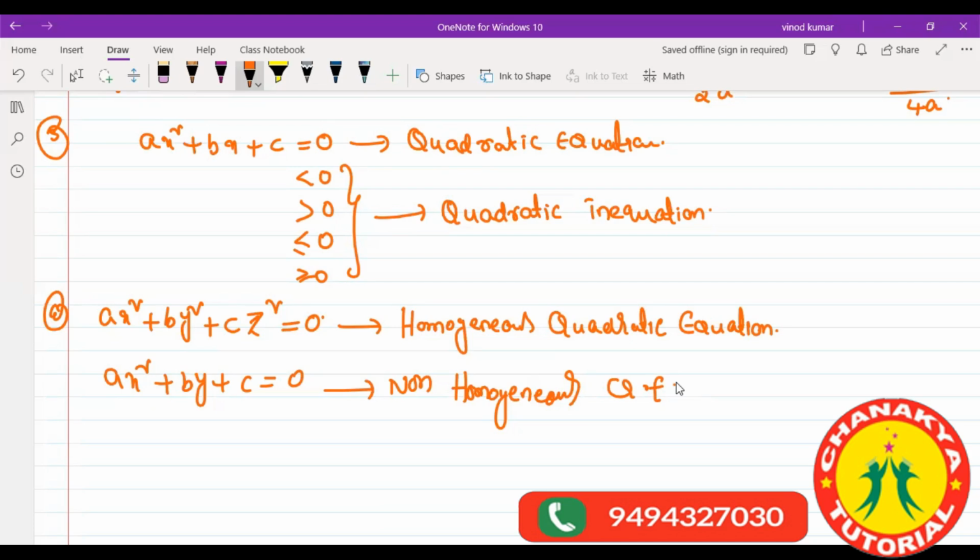The conditions are important. After completing these points, we'll do some related problems. Chandana, I hope you understand. We'll get back to you in the next class, where we'll discuss some problems and the remaining points also.